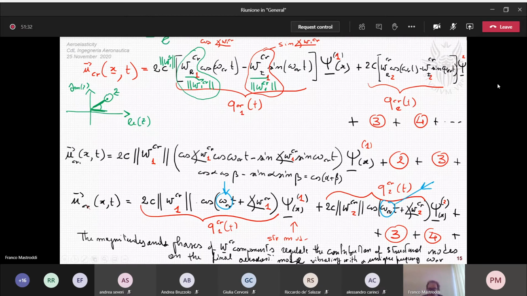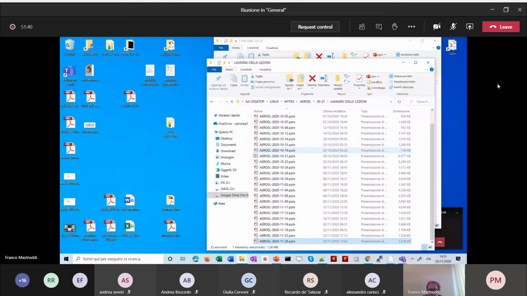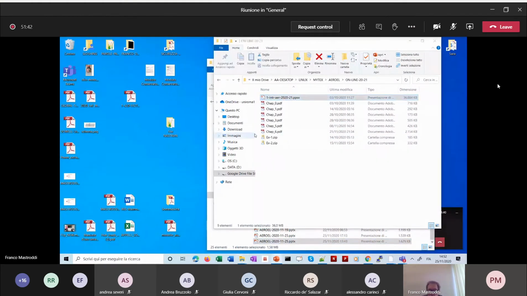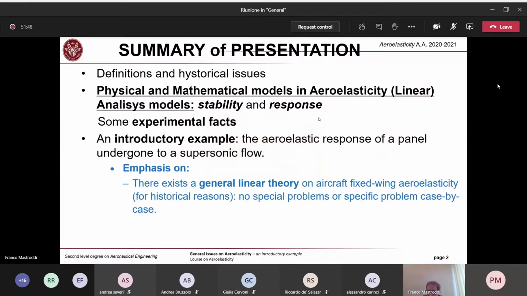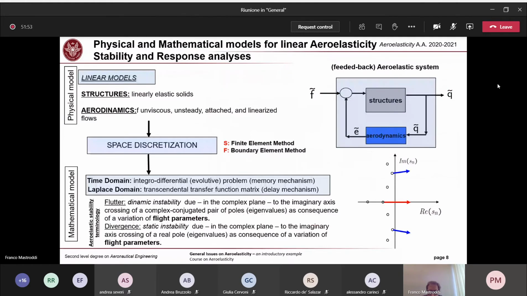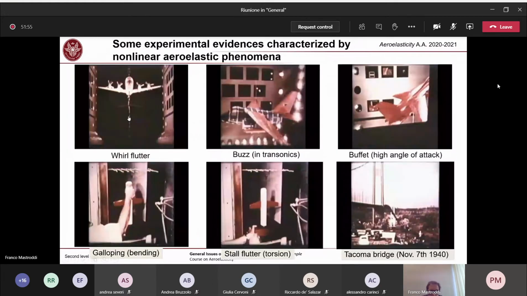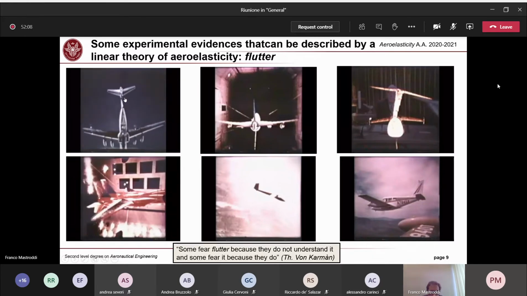And this is what you can see here. Everything is vibrating with a unique frequency, omega critical. You can see a unique frequency. Everything is vibrating with a unique frequency.